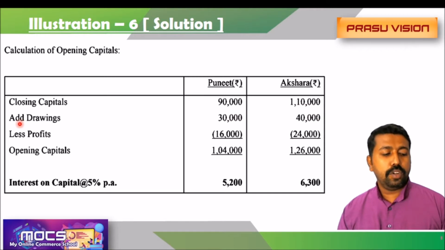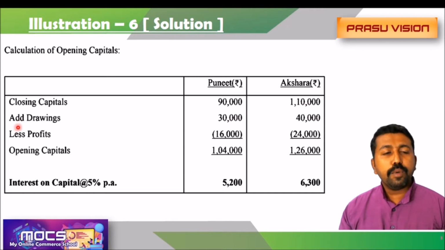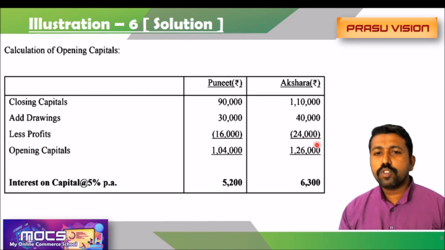And we have to add drawings to the closing capital, Puneet 30,000 and Akshara 40,000. Then we have to deduct profit shared between the partners, less profit 16,000, 24,000. It's a negative value that is shown inside the bracket. So profit is deducted. Then we will get the opening capital of Puneet 1,04,000 and for Akshara 1,26,000.